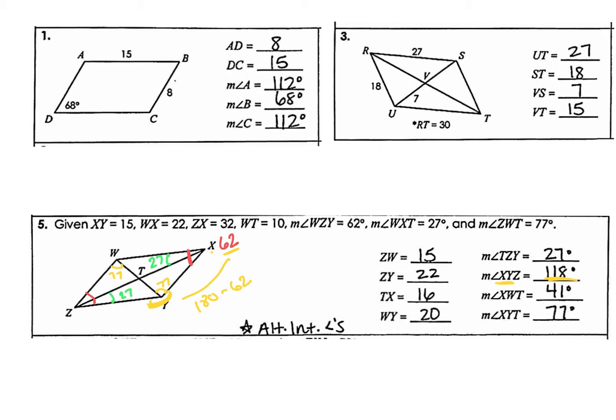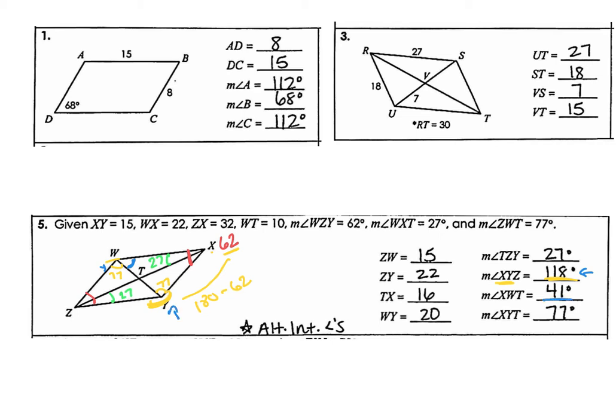And then they also want XWT, which is this guy right here. I'll use a different color. All right, so they want XWT, which is here. If I know the whole thing is 118, and I know part of it is 77, I can just subtract 77 from 118 to get 41.